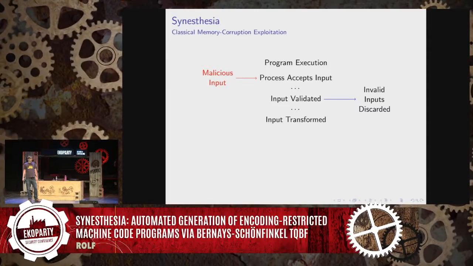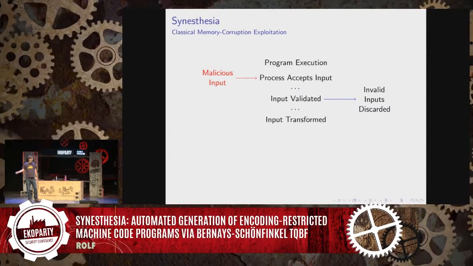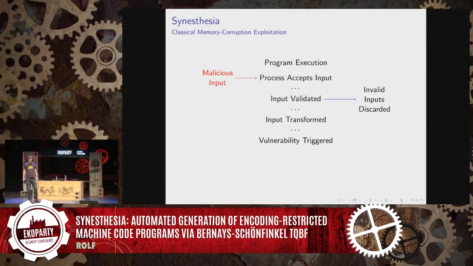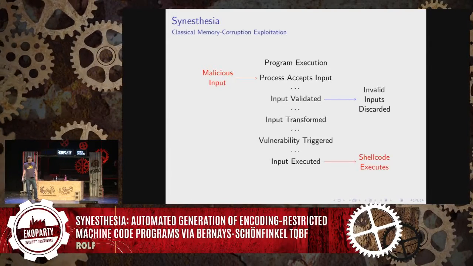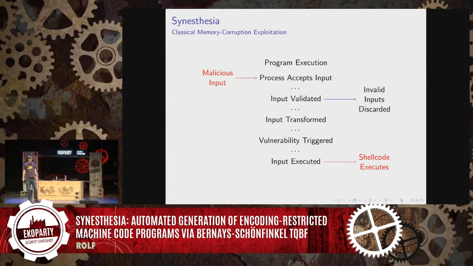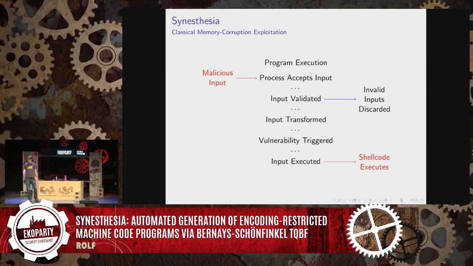And then it may do some sort of transformation of the input along the way. And then continuing to execute, a vulnerability will be triggered by the input. And finally, this is going to cause our shellcode, our input, in other words, to execute.